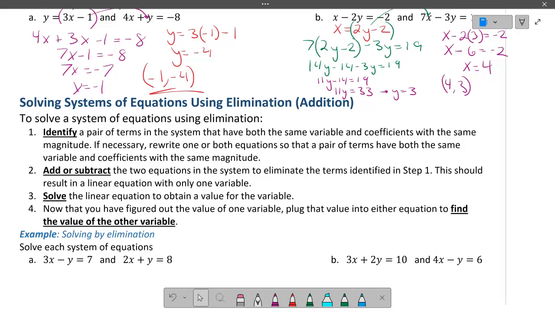Then we can add or subtract the equations. This should get rid of one of the variables, leaving us with a one variable equation left to solve. And that equation is usually just going to be a one-step problem. You just need to divide to figure out the value. Then, just like in substitution, we plug it back in to find the rest of the coordinate.